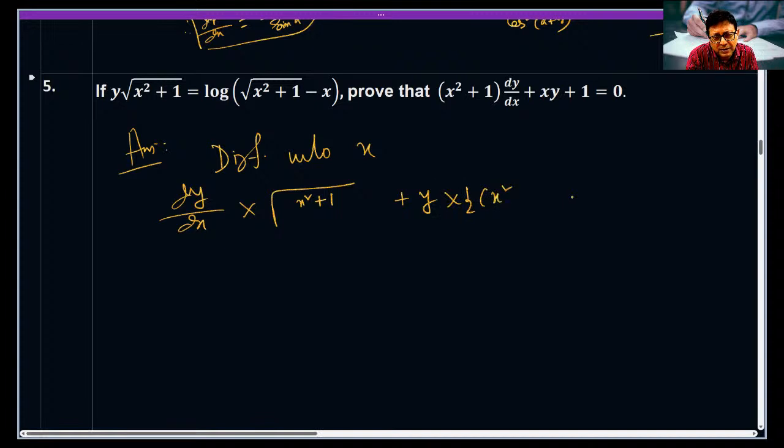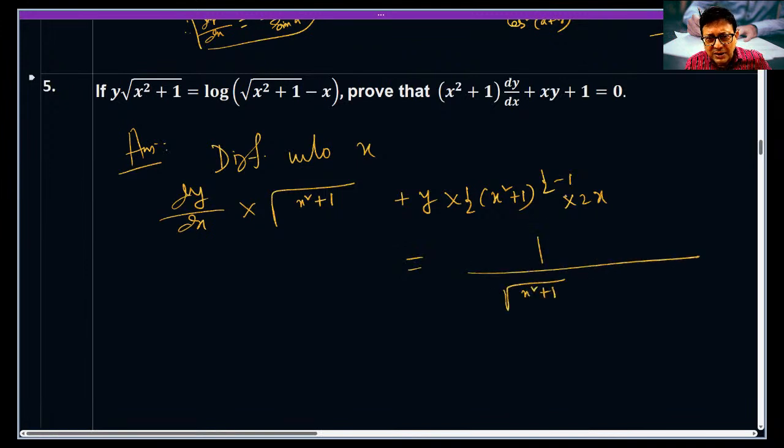Half, x square plus 1 to the power half minus 1, into 2x. Then log of this function, its derivative. This will be what? 1 by the function into its derivative.